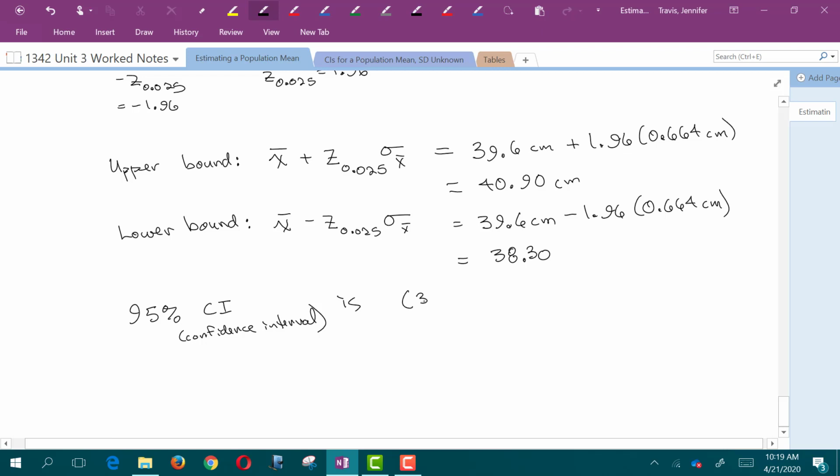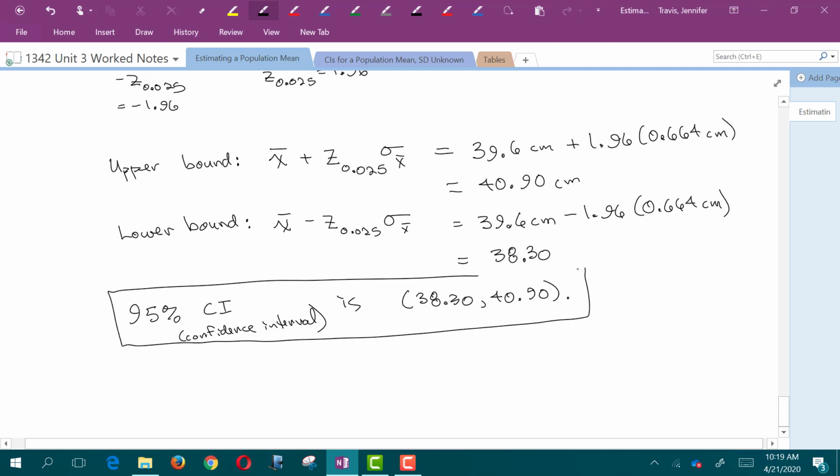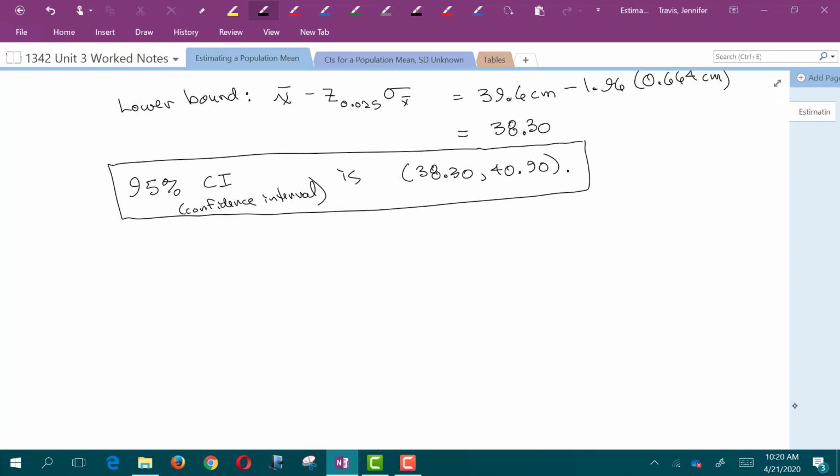So this is going to be 38.30 and then 40.90. Okay, so that is our 95% confidence interval. Let's go ahead and find the 90% confidence interval, just so that we can compare them.